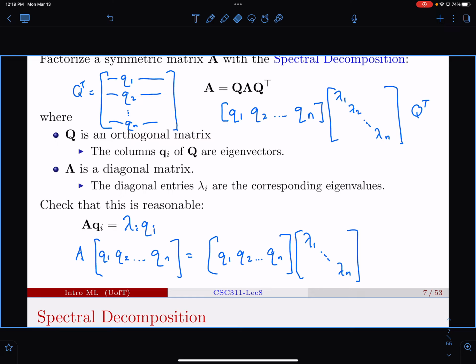But if you write out an example, you should see that this matrix form that we wrote on the bottom is exactly corresponding to each of the equations up top.